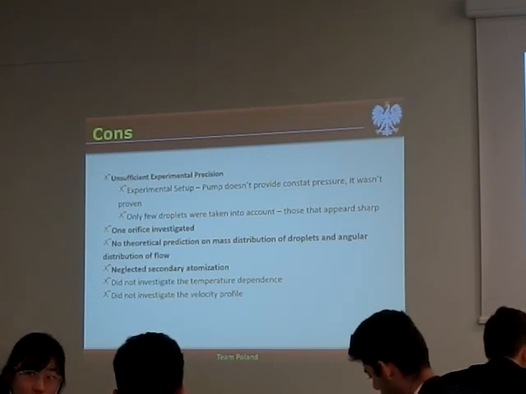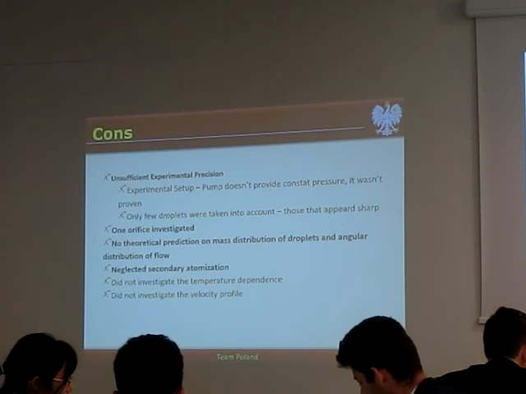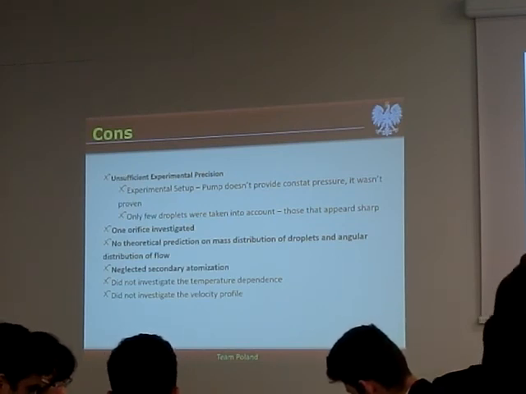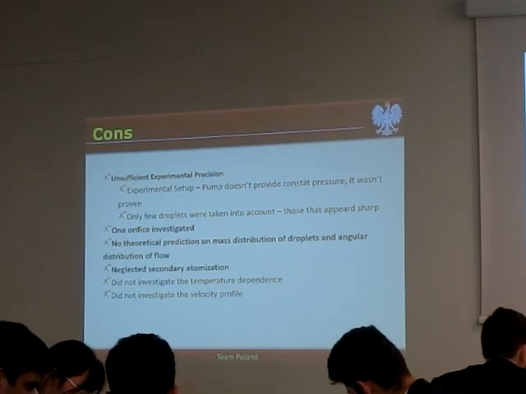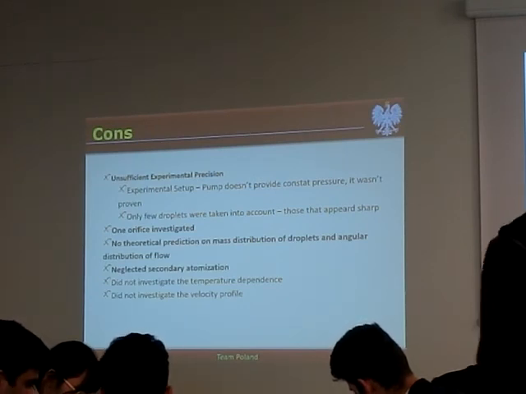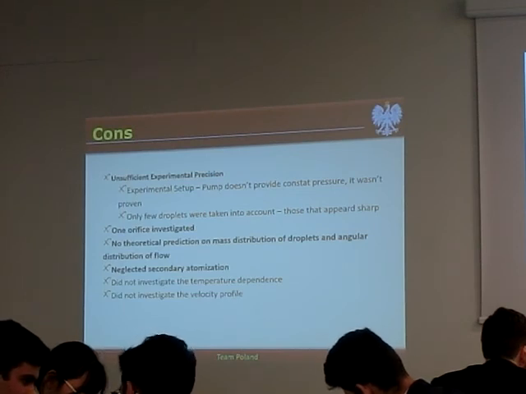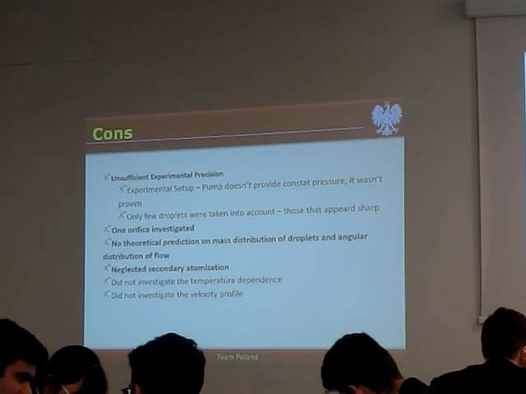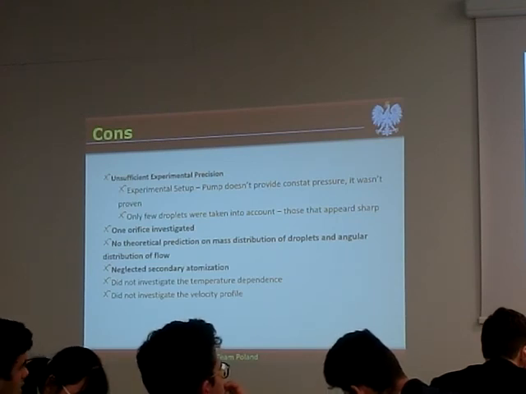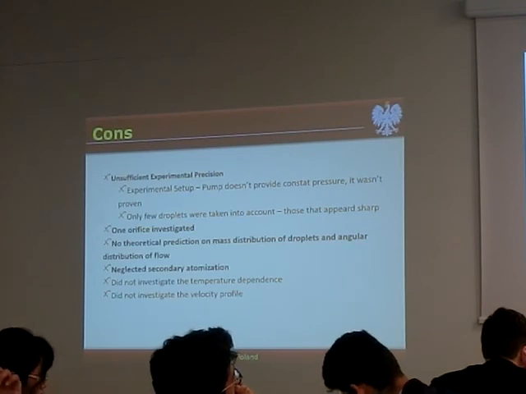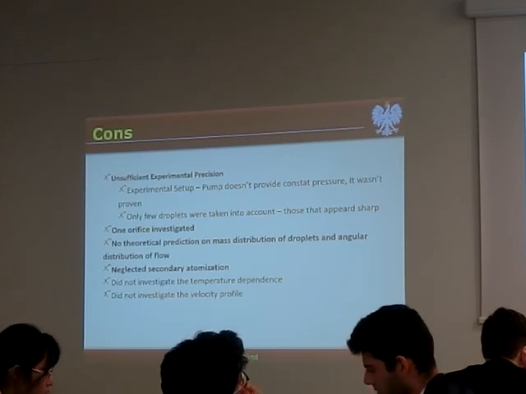There will be the biggest ones and there will be the smallest ones. Yes, so we have a different distribution, of course, because in the center will be the biggest ones, and in these places we will have the smallest ones because of the dividing of the droplets.